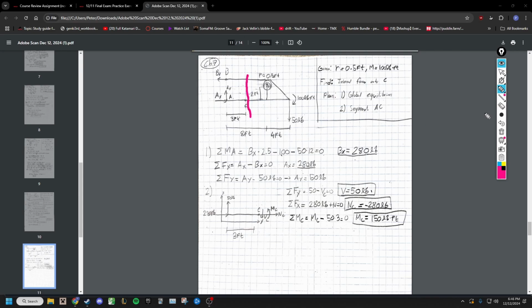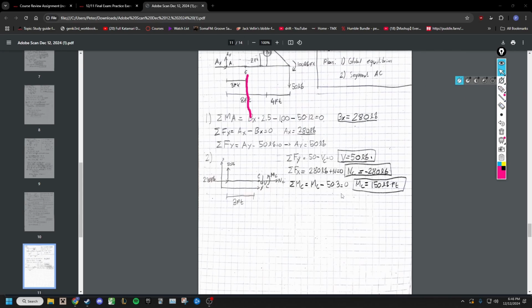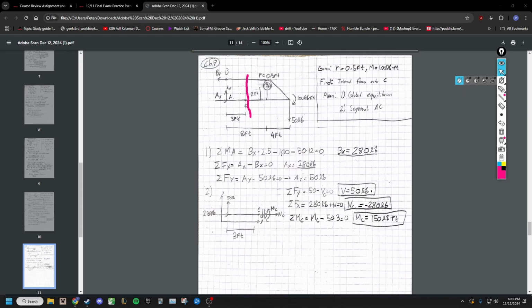Since we're looking at a cut here on the left side, a positive shear points down, a positive moment will point here, and the internal normal will always point outwards from the cut.